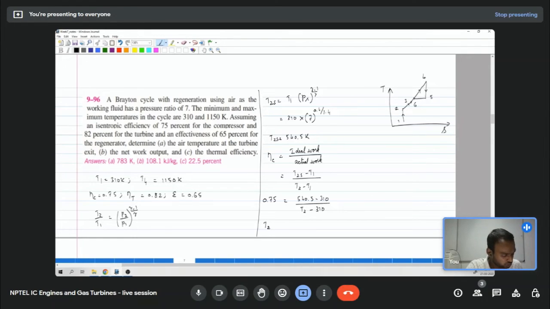So now T2 is 310 plus (540.5 minus 310) divided by 0.75. This is 617.3 Kelvin.